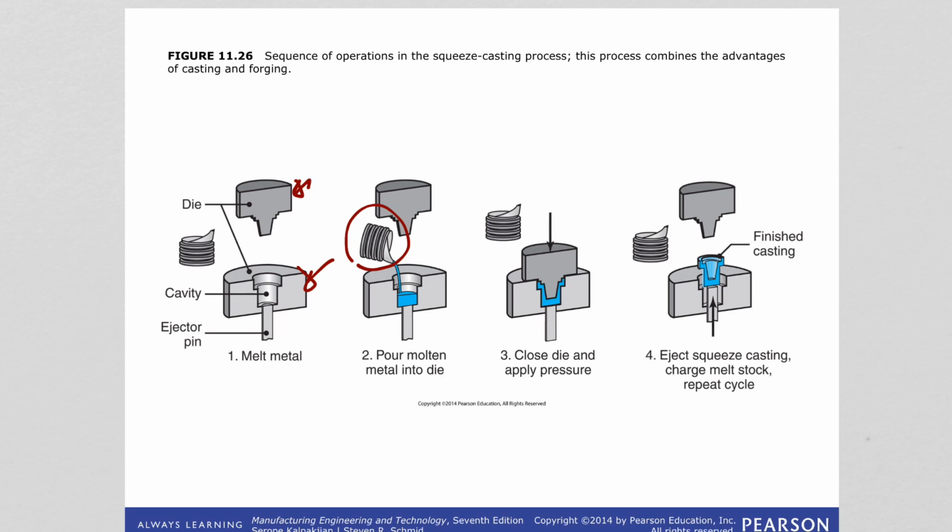And then with the use of ejector pins here, we are pushing to remove the cast. So this differs from the usual permanent mold casting process, where the die halves are closed prior to injection. In this one we close it after we pour the metal.